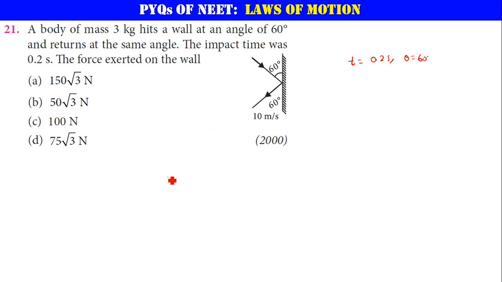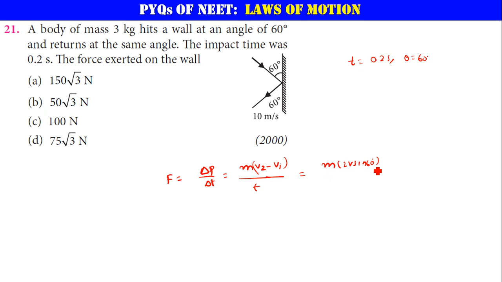That force is equal to delta P by delta T. So it's nothing but m times (v2 minus v1) divided by the time duration t. In the same kind of case, you're going to have m into 2v sin 60.